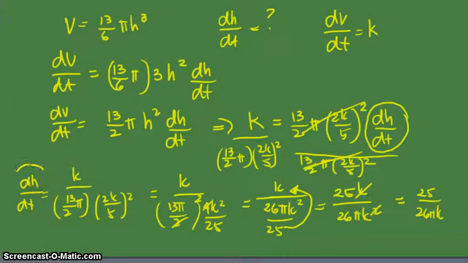This is the rate at which the depth is changing with respect to k. So we were able to find what we want to find in this problem. We're not aiming to get an exact number because the problem says we just have to find the rate at which the height is changing in terms of k.